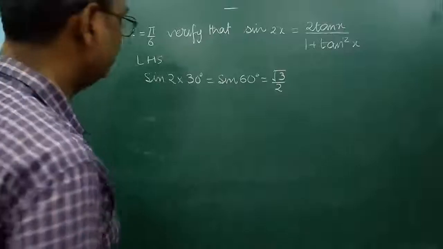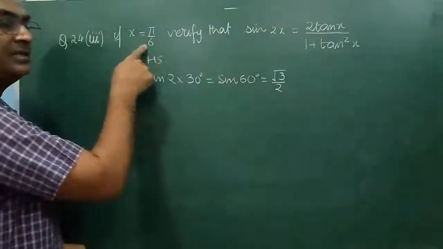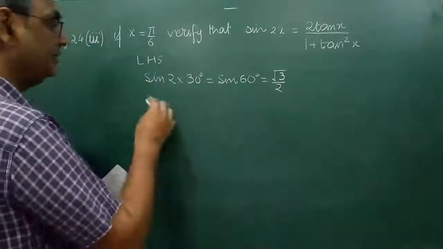This one we have got, because here pi by 6 means 30 degree. We can put the value.